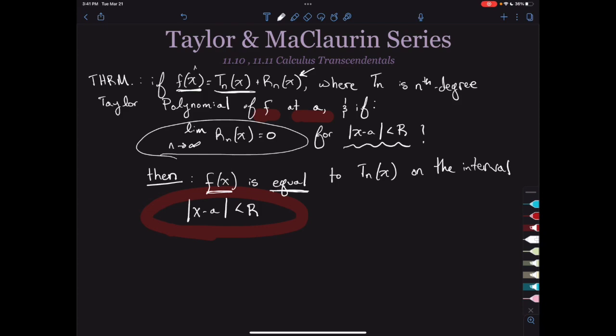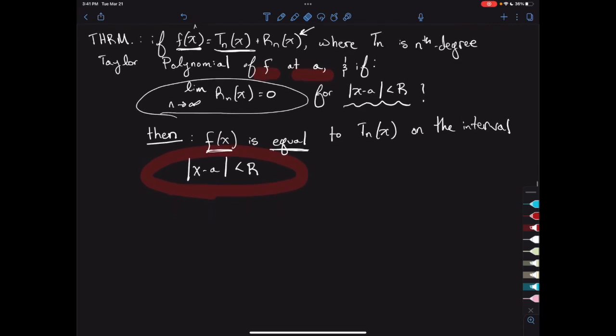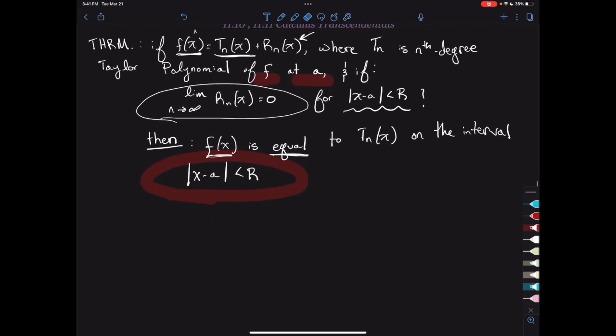Now, another theorem we're going to need in approximating functions by Taylor series and nth partial sums is this tricky theorem called Taylor's inequality. And it's more of an inequality than a theorem. I'm going to write that coming up right now.